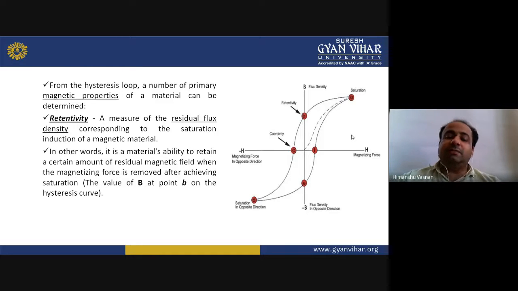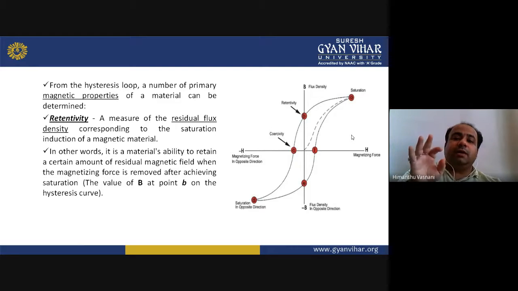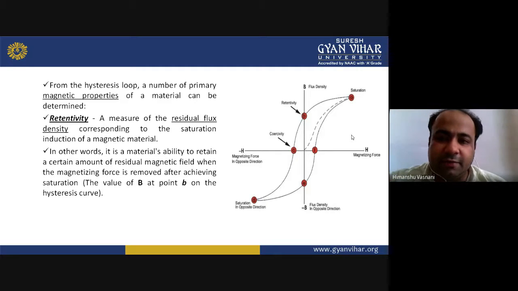In other words, it is the material's ability to retain a certain amount of residual magnetic field when the magnetizing force is removed after achieving saturation. That is the value of capital B at point small b on the hysteresis curve. You can see the word retentivity written at small b.